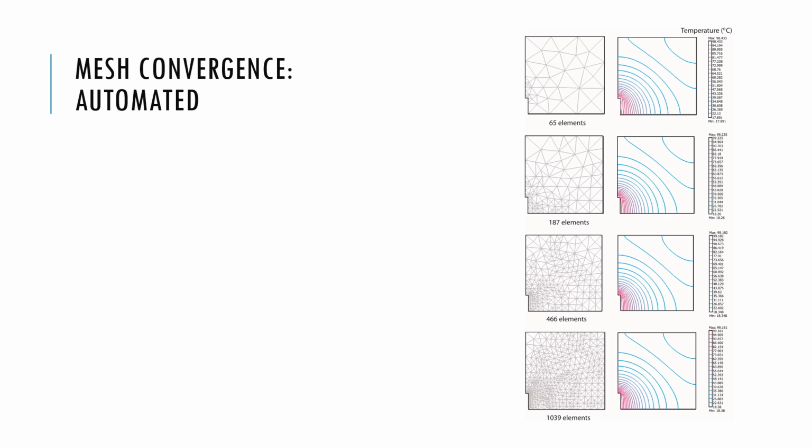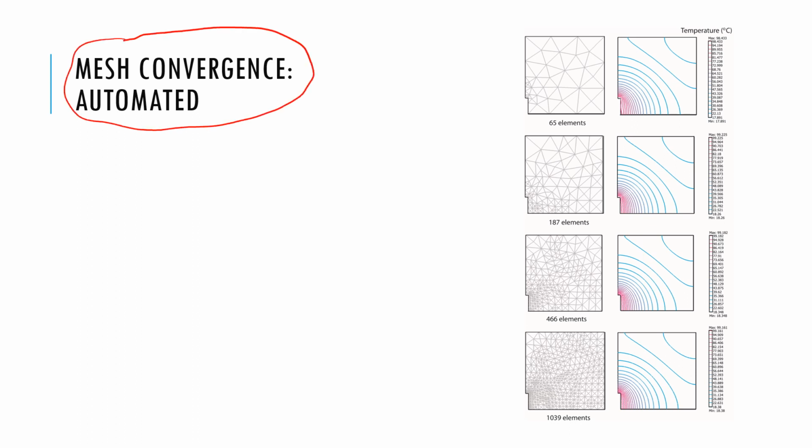Mesh convergence can be automated, and it is automated in many software. We typically don't end up using it for research because we want to have more control, and it may not always be available in a software. But what is the main idea behind an automated mesh convergence?